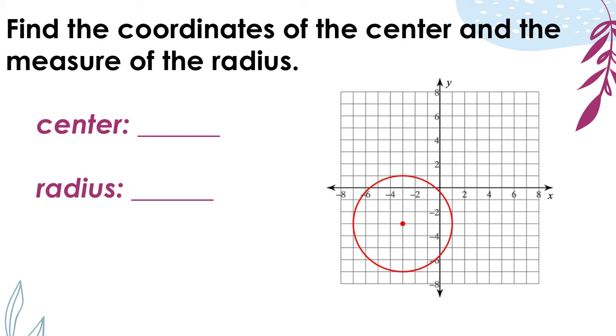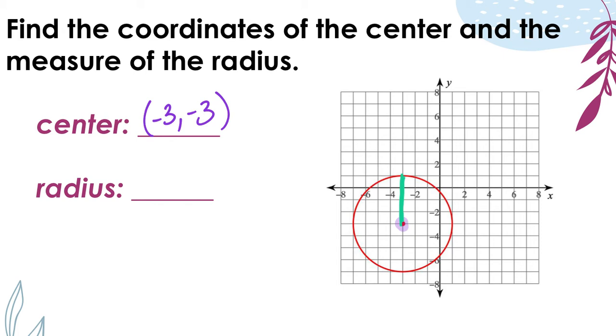When I look at this circle, I want to start off by identifying the center and the radius. The center is right here, right in the middle, and that coordinate is (-3, -3). The radius is how far the center is from a side of the circle.